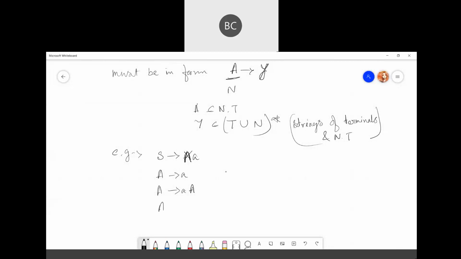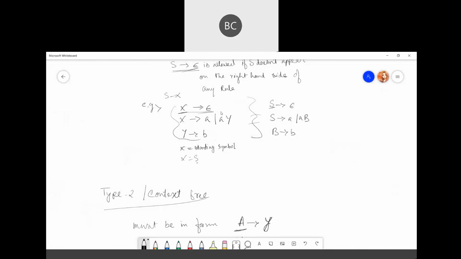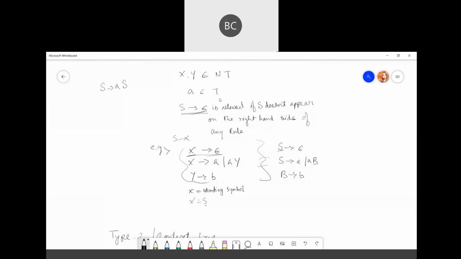Then I can say A equal to A, B, C, or A goes to epsilon. Okay, all can be possible. See, what's the difference here? In case of regular grammar, the non-terminal will always be followed by a terminal, right?